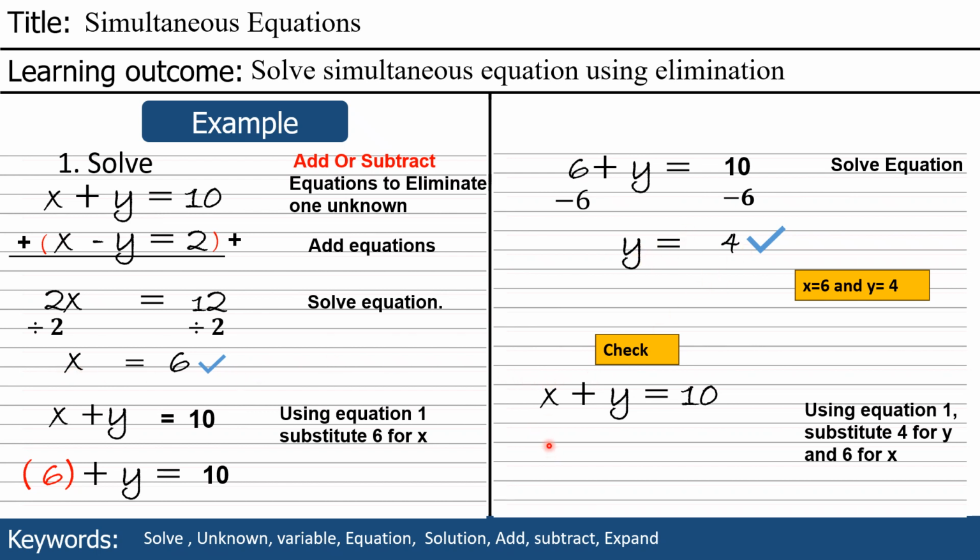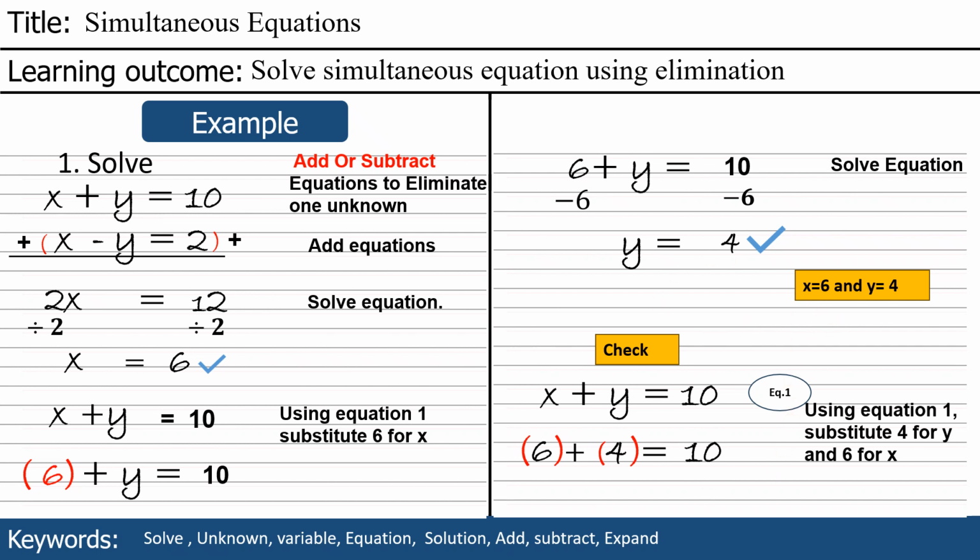So here we'll have our x being 6 and our y being 4. So 6 add 4 is 10. This means our answer is correct. So our solutions are correct.